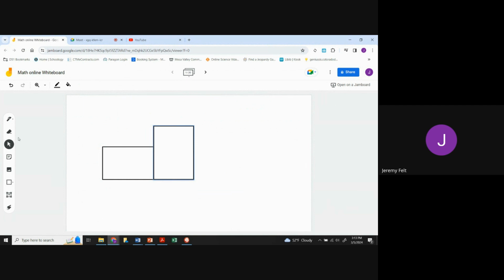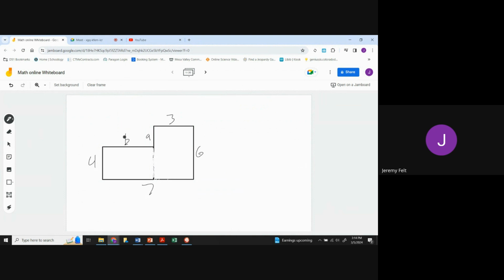I know this isn't drawn to scale. So imagine that I'm trying my best to draw what is in the book. So we have B, A, 3 centimeters, 6, 7, and 4.